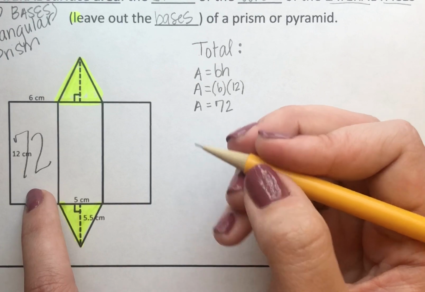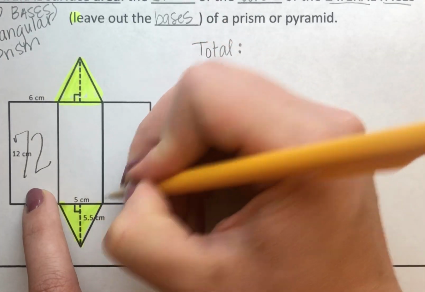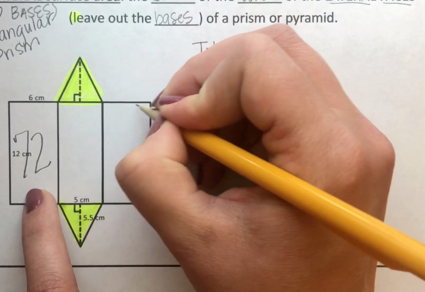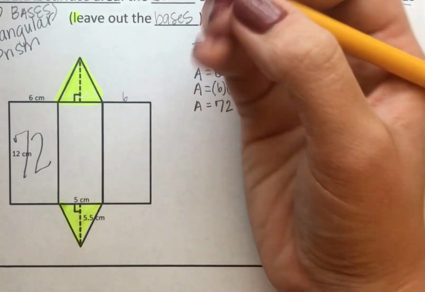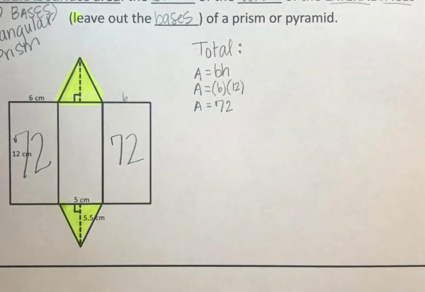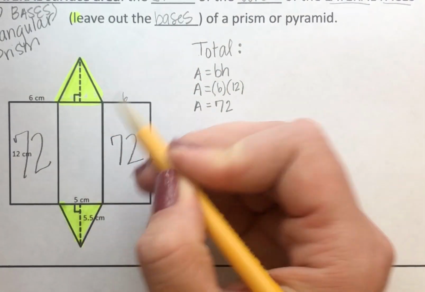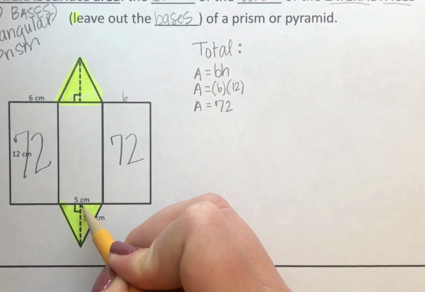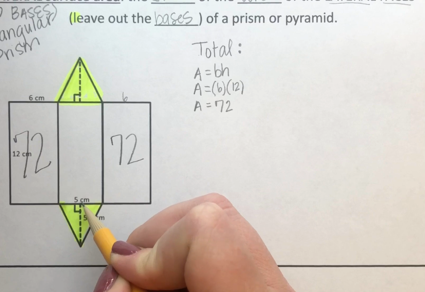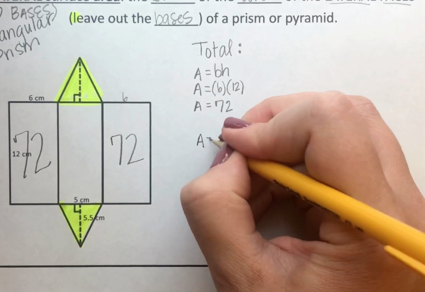And also you can kind of see if this is 12 and this right here was also 6, we know that because these sides of this triangle are congruent, this would have to be 72 as well. We have to be really careful. This middle rectangle is not gonna be 72. This base is 6, but if you can see this right here, this base is not 6, so we're gonna have to do that one separately.